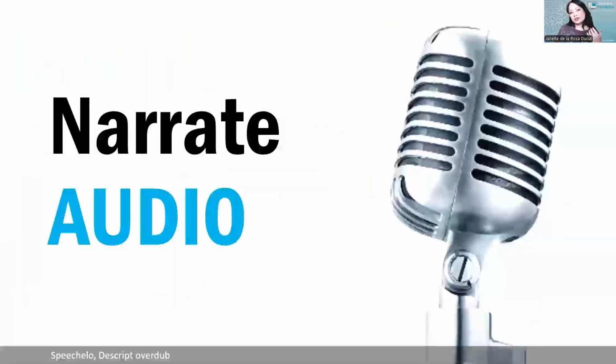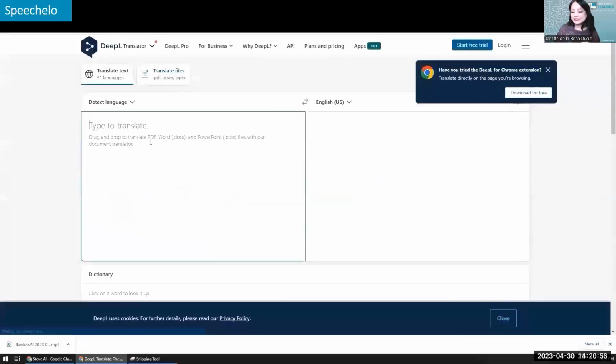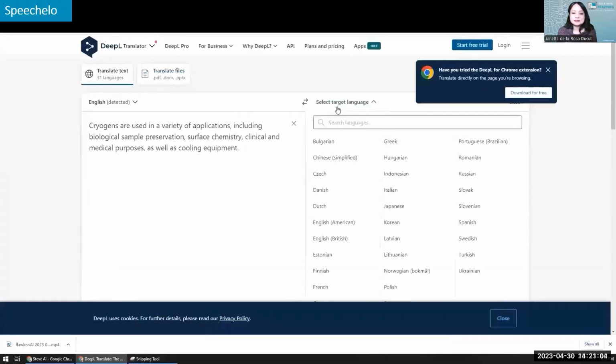So another thing you can do, we just talked about how AI can help you present, how it can write code and solve problems for you, how it can help you translate. AI can also be your voice. It can help you narrate audio. So what you're seeing me do here is I'm entering some text into DeepL, I'm translating it into a language.